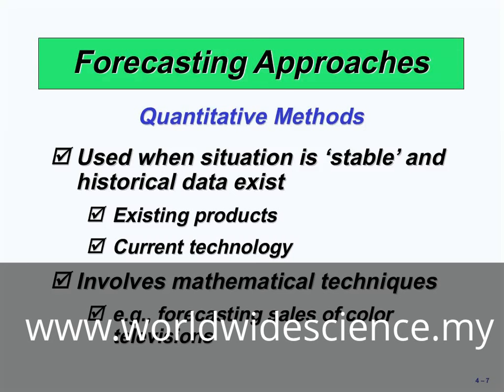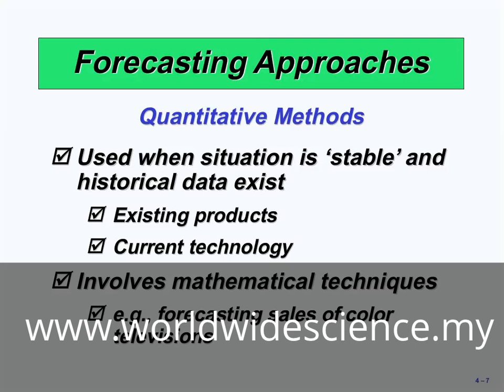For example, forecasting sales of color television for next month. Your company currently is producing color television. For example, you are working at Sony or Panasonic, and you are producing LCD or plasma.